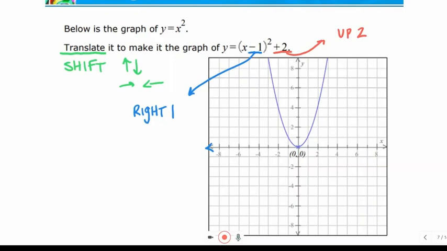So this (0, 0) is going to move up 2, right 1. That's going to be our new vertex. And then from there, we have our new parabola. That parabola is not drawn to scale. Please don't judge me.